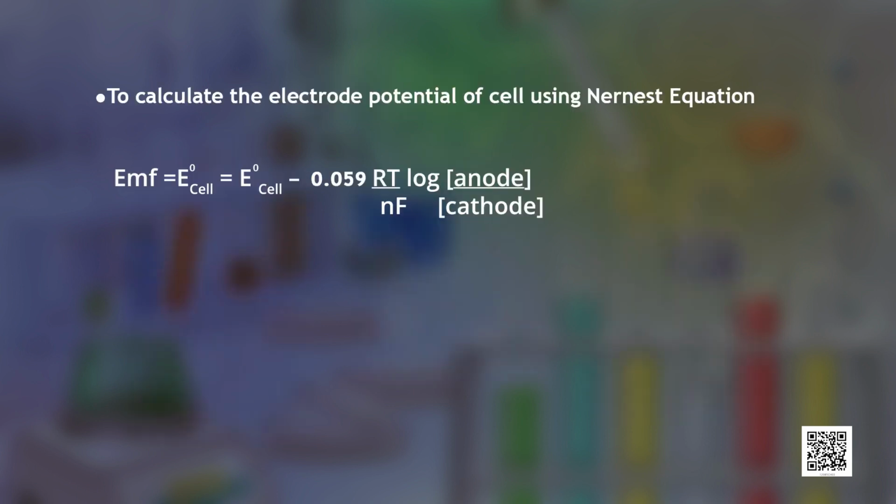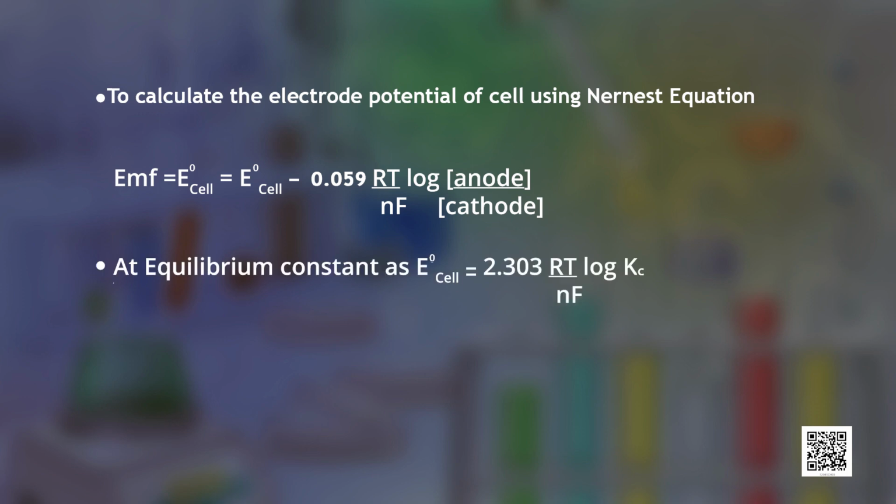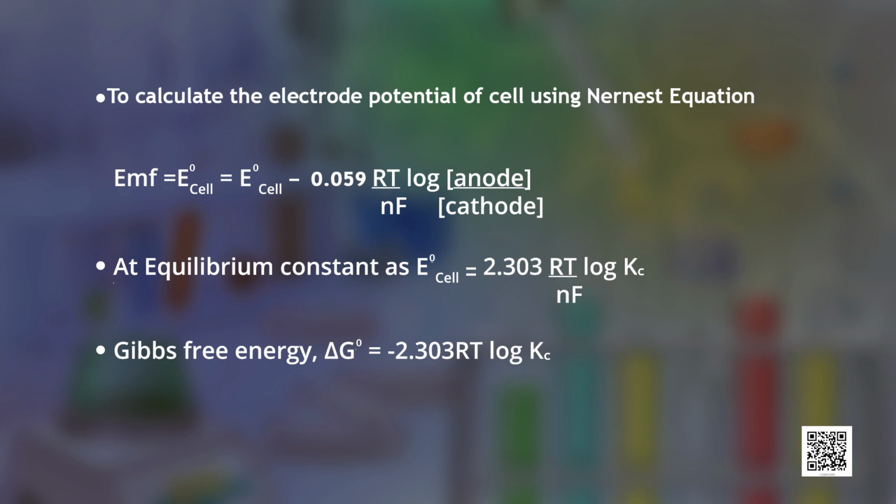We also learnt the way to calculate the electrode potential of the electrochemical cell using Nernst equation as EMF is equal to E cell is equal to E naught cell minus 0.059 upon N log concentration of ions at the anode upon concentration of the ions at the cathode, and then correlating this equation with equilibrium constant, as E naught cell is equal to 2.303 RT upon NF log Kc, and further extending it to delta G naught is equal to minus 2.303 RT log Kc.